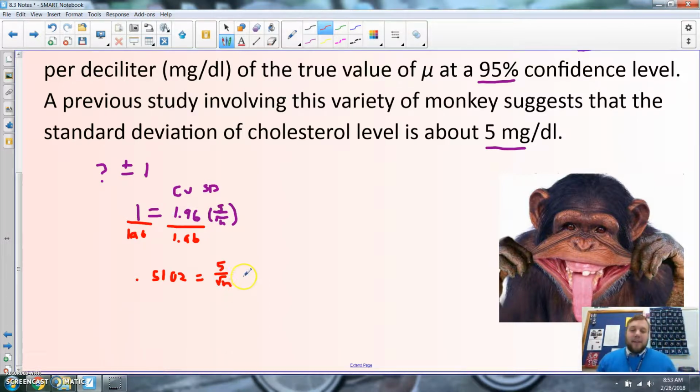All right, and this time I might actually multiply by the square root of n, just to knock this out of the bottom. And then I'm going to bring this over by dividing it by 0.5102.